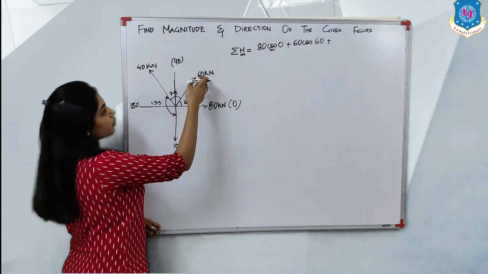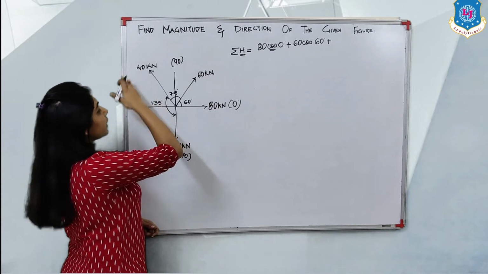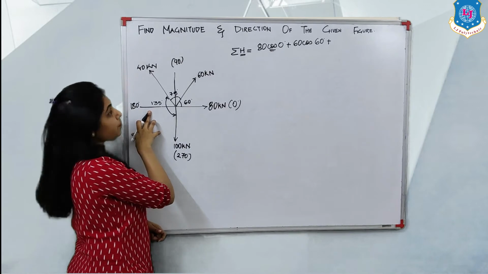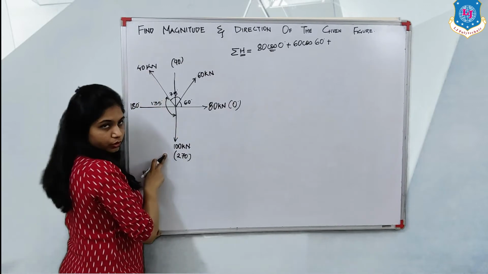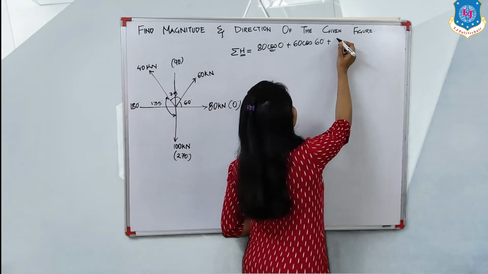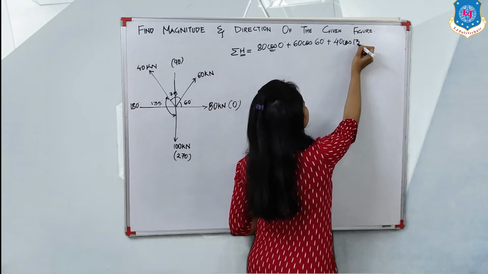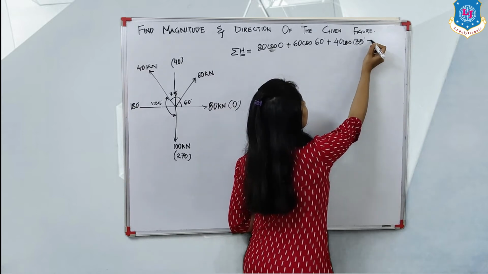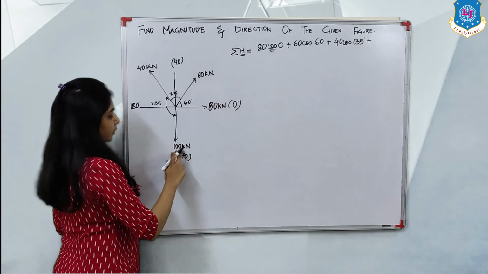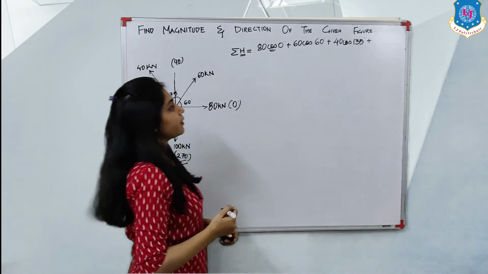Again if I move from the first to the second quadrant I have 40 and the angle behind it, meaning 135, and it is connected with the third and fourth force. So over here I will take 40 cos 135 degree. Over here the 100 kilonewton is very simple, coming at 270 degree.